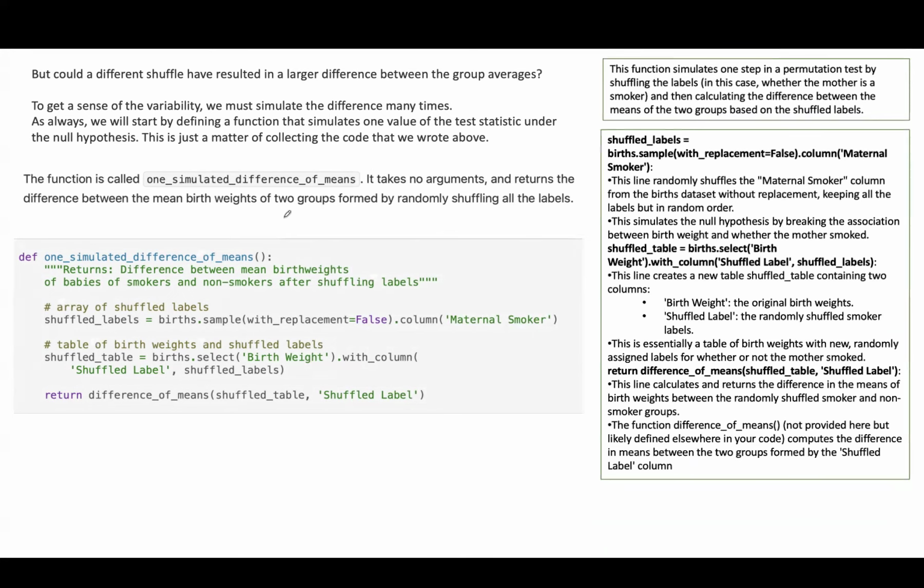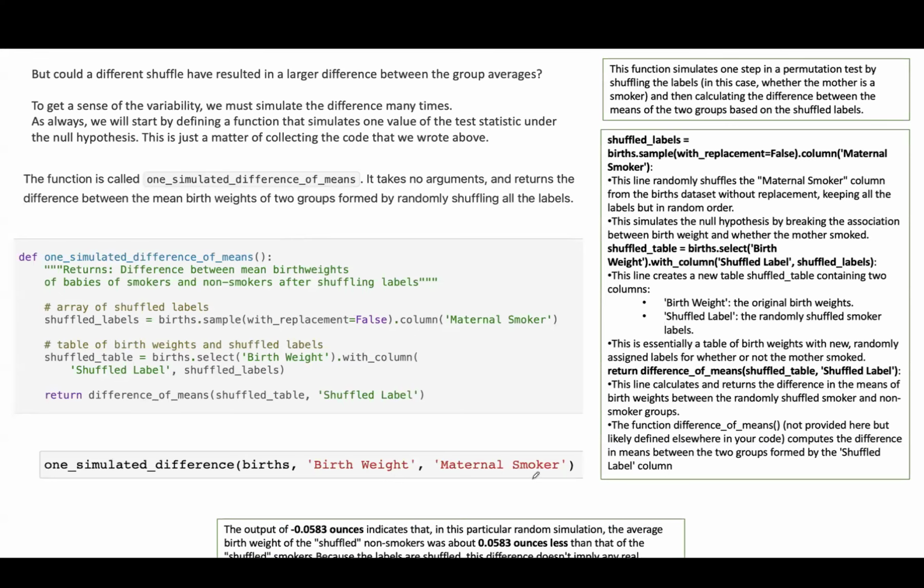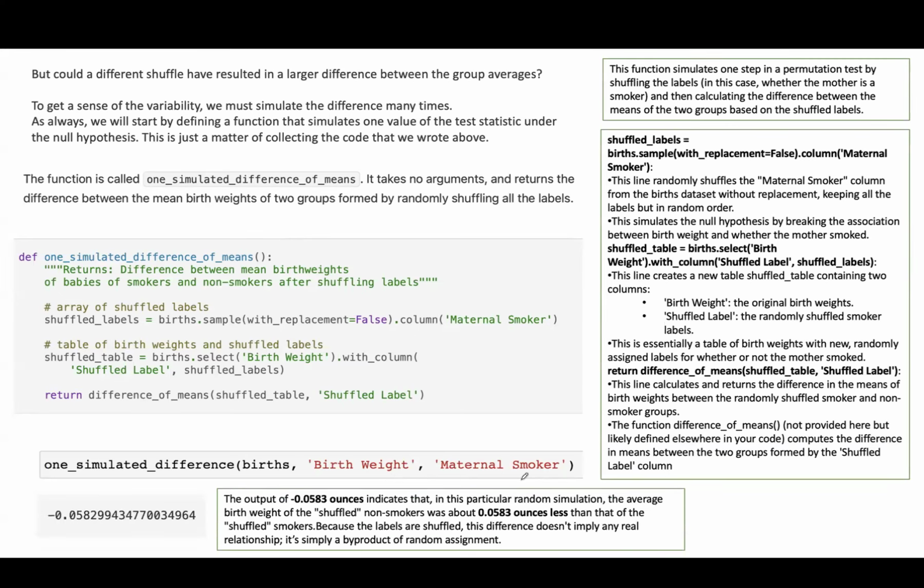Here's a breakdown of the code of the function, and we can take a look at the result by passing births, birth weights, and maternal smokers. The number that you're going to see is negative 0.0582994, and the rest of the digits.